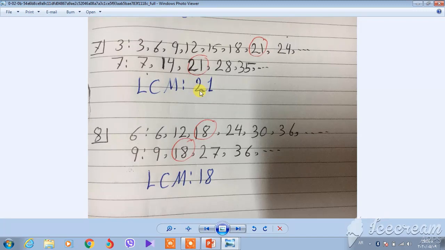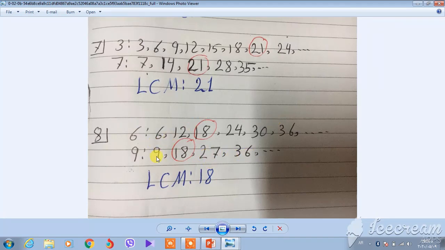LCM is 21. After practice 7 we have practice 8 with 6 and 9. For 6 we find multiples: 6, 12, 18, 24, 30, and 36. For 9 we have 1 multiply 9 equal to 9, 2 multiply 9 equal to 18, 3 multiply 9 equal to 27, 4 multiply 9 equal to 36.